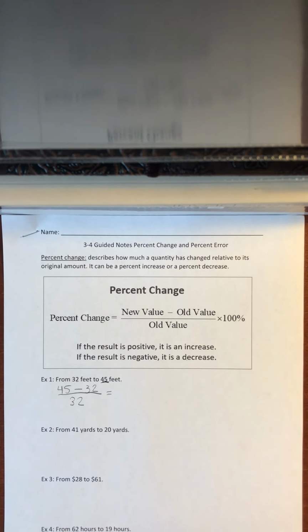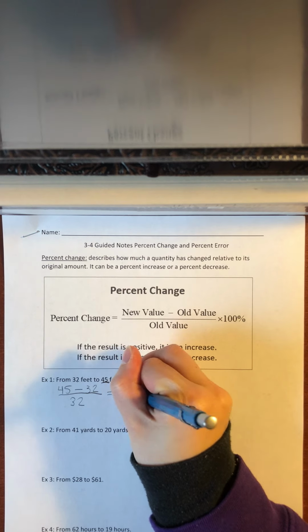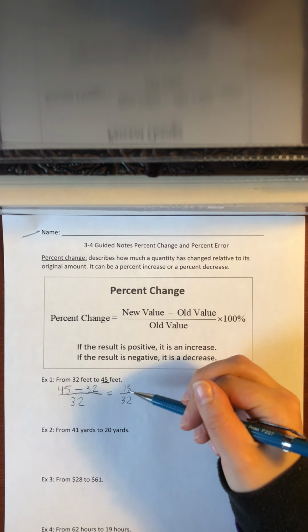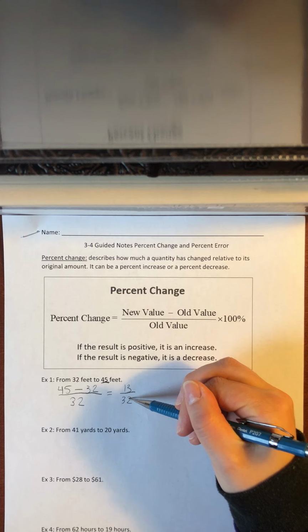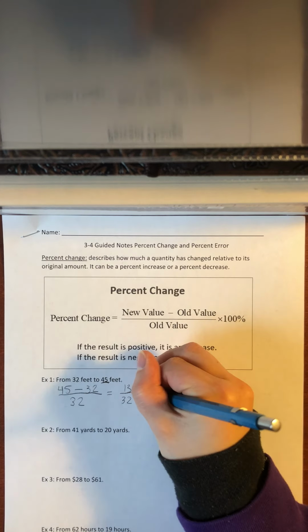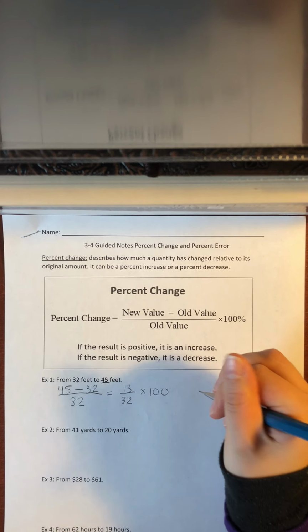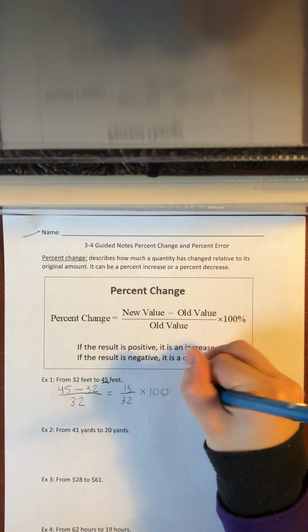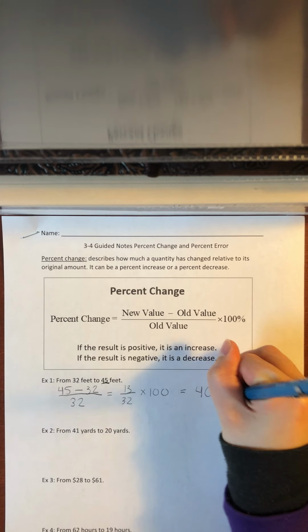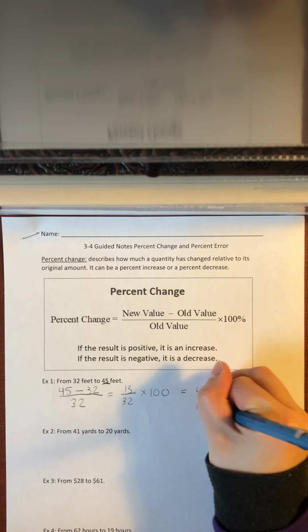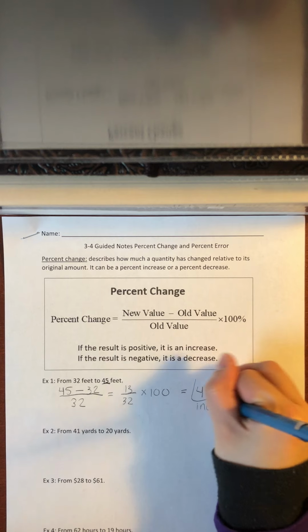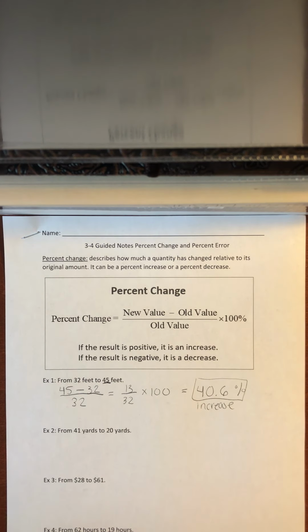So now when you do that, 45 minus 32 is 13 divided by 32. So you would put that in your calculator, 13 divided by 32, and then after you're done doing that, you multiply by 100, and you will get 40.6%. And since it's positive, it's an increase. Make sure you're doing this on the calculator with me so you can see, okay?